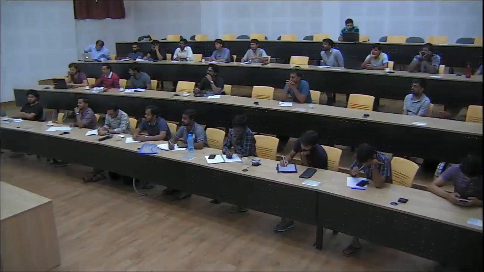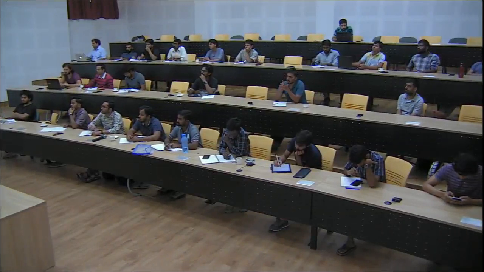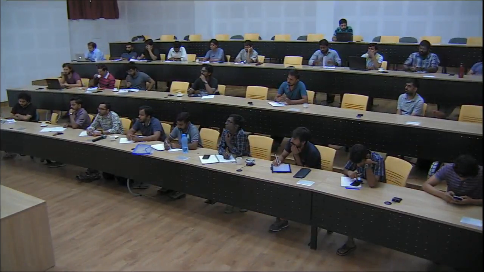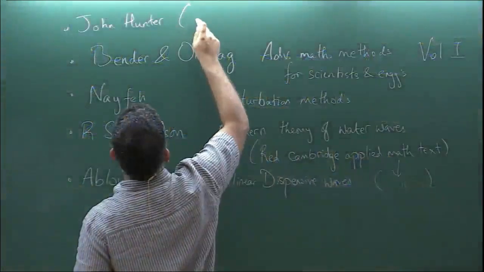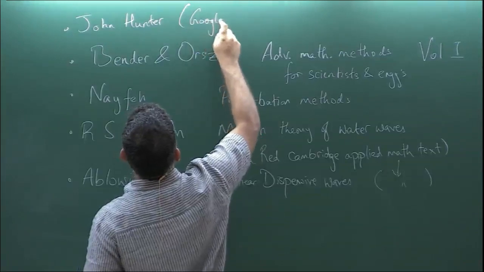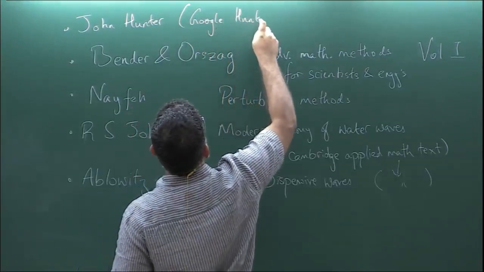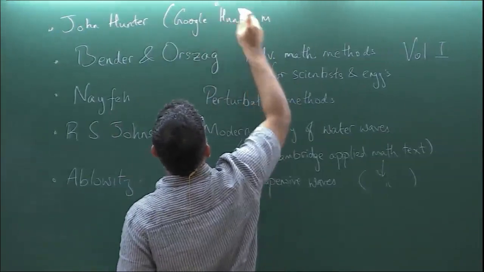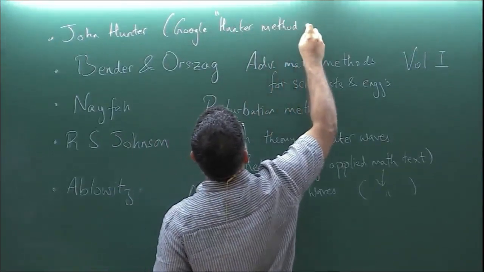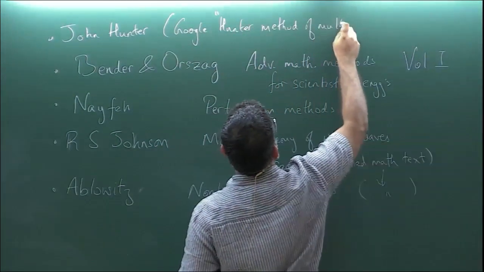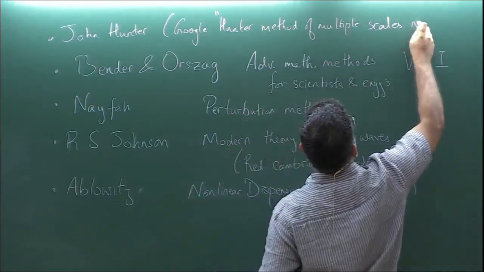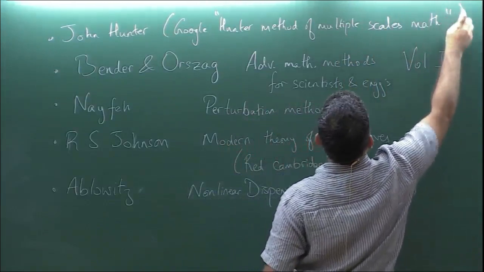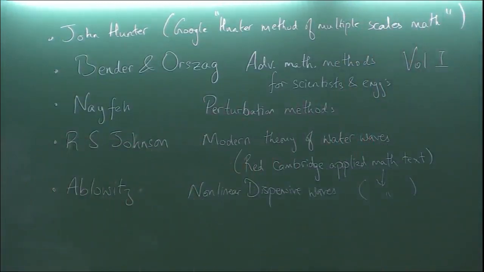I do like a set of notes by John Hunter. So if you just Google Hunter, method of multiple scales, and to help your search engine, if you add the word math, you'll end up with a PDF, and click that PDF.